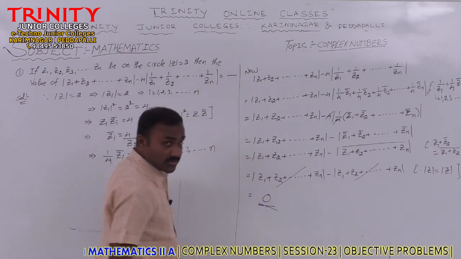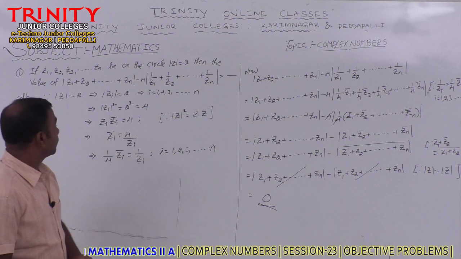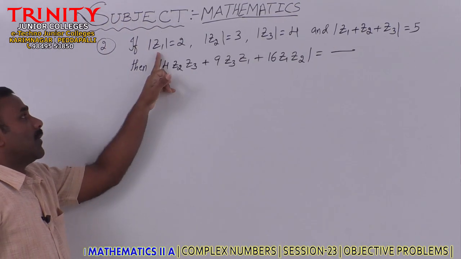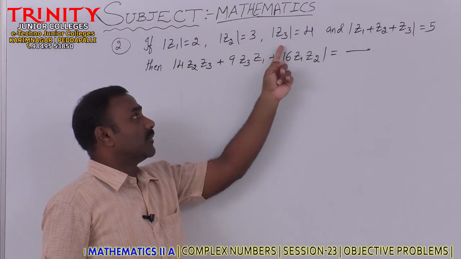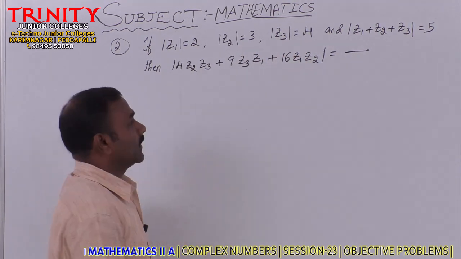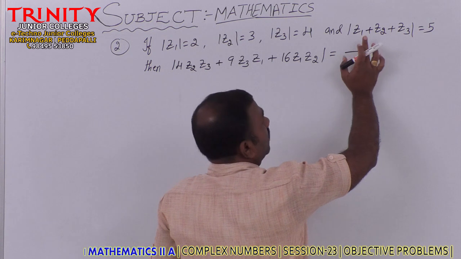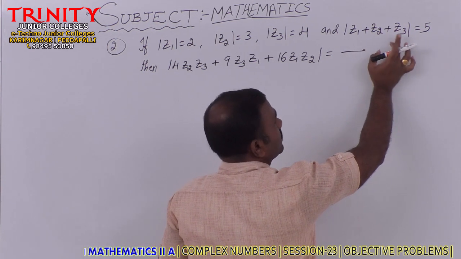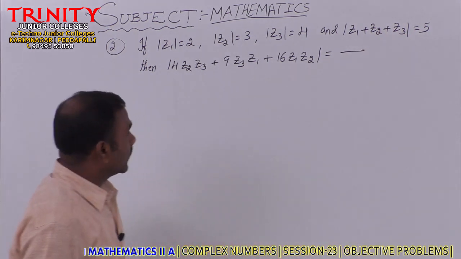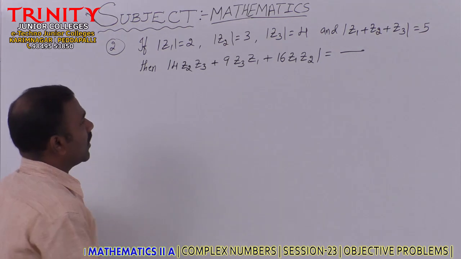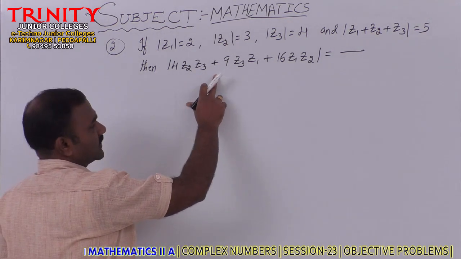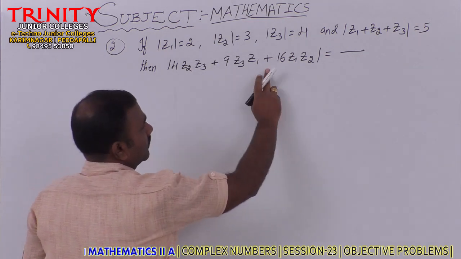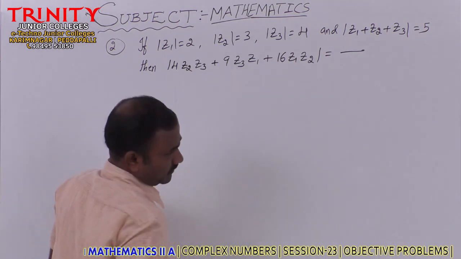Now, if mod z1 equal to 2, mod z2 equal to 3 and mod z3 equal to 4, and the modulus of z1 plus z2 plus z3 is 5, then what is the value of mod 4 z2 z3 plus 9 z3 z1 plus 16 z1 z2?